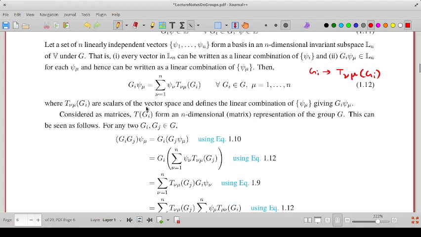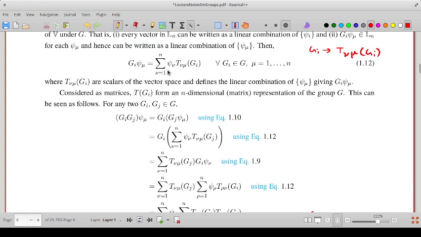And that leads to a representation of the action in terms of matrices corresponding to the group element, and that defines a set of matrices. And these matrices form a representation of the group.